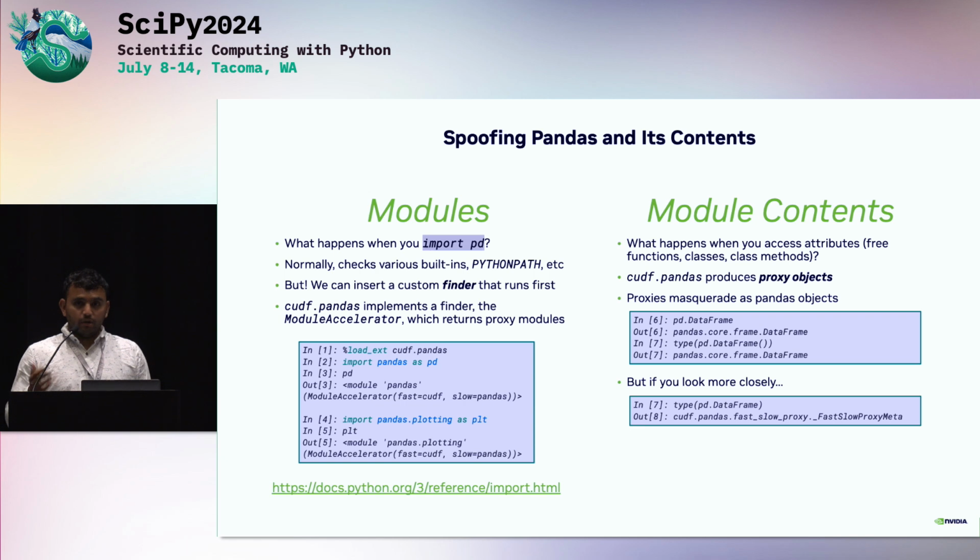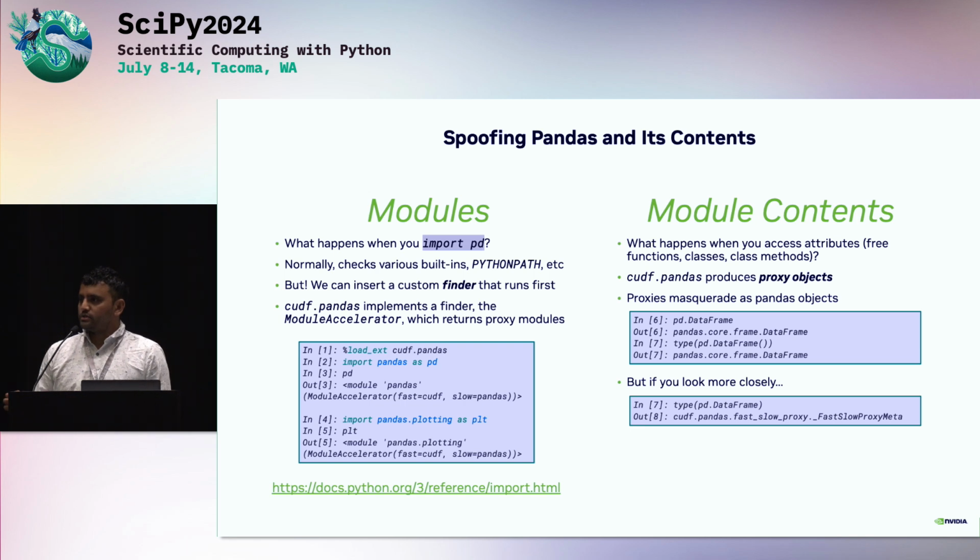Now, that's how you get modules out. What happens when you actually access parts of this module? Say, like, you ask for a DataFrame from pandas. Well, for that, we also have these proxy objects. So every module that you get out of cudf.pandas returns objects that are proxies that know what their corresponding fast and slow types are. In this case, you can see in the first snippet there that these things masquerade pretty closely as pandas objects.